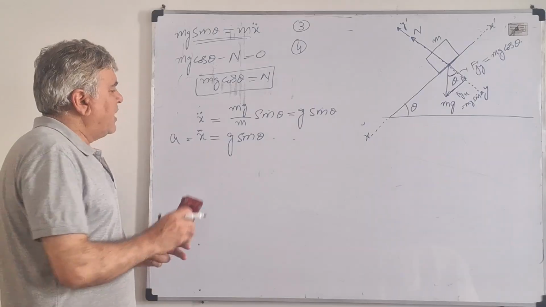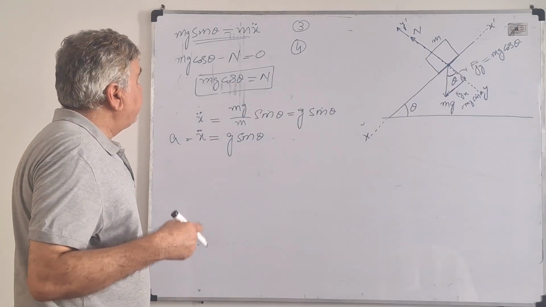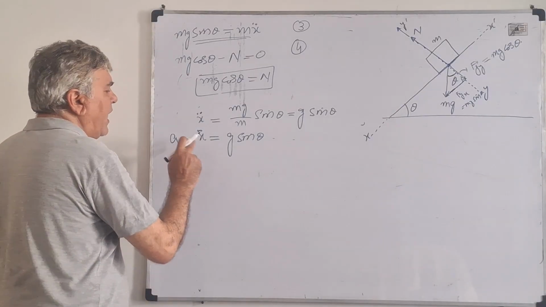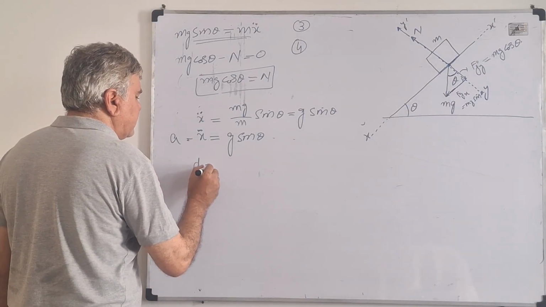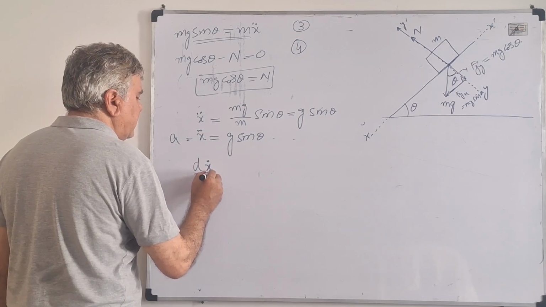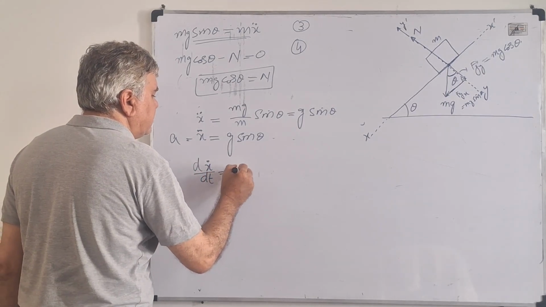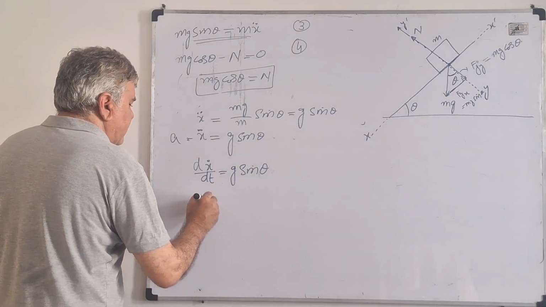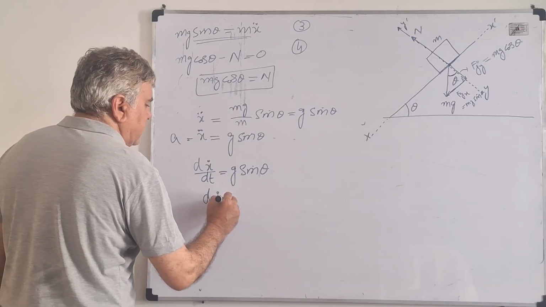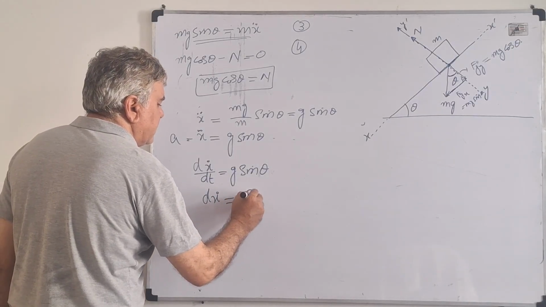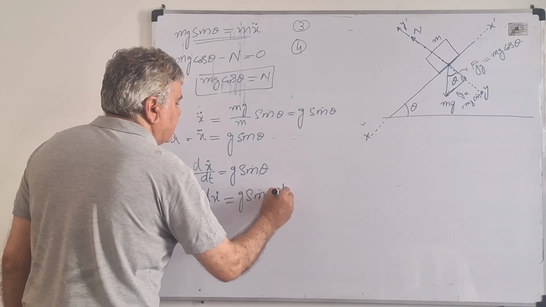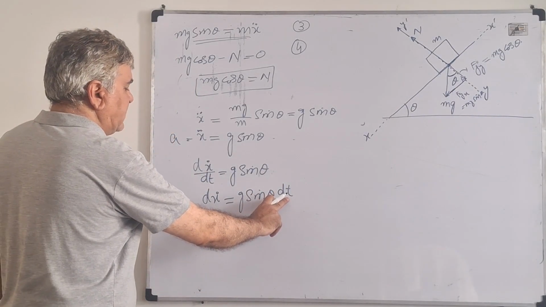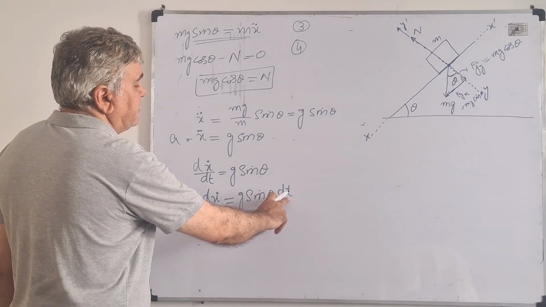So first I want to solve this for velocity as a function of time. And for that, I can write this equation as dx dot over dt equals g sine theta, or I can write dx dot equals g sine theta dt. Now, let at time t equals 0, the velocity is 0.